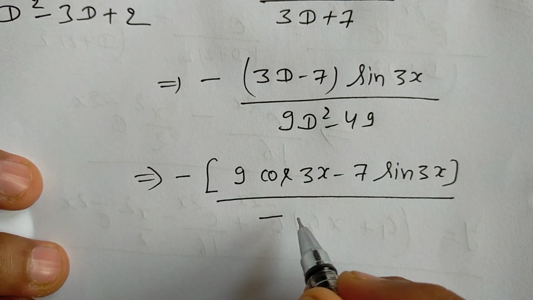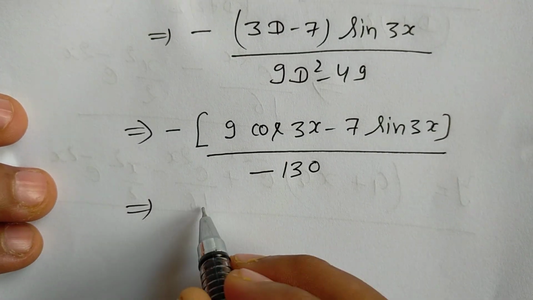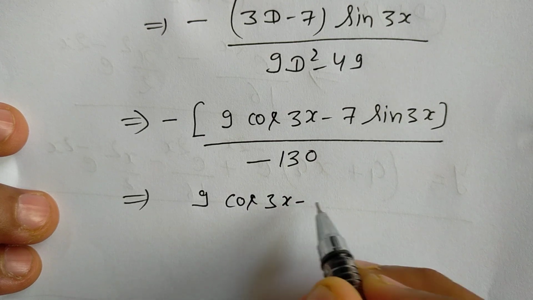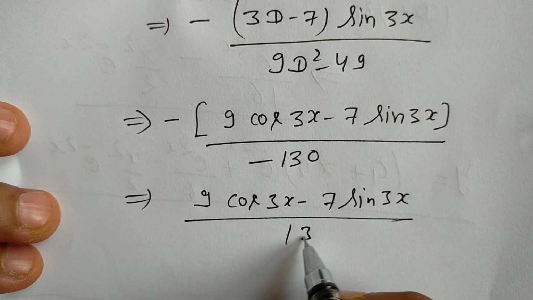So we get 130, and minus minus cancel. So finally the particular integral is 9 cos 3x minus 7 sin 3x by 130.